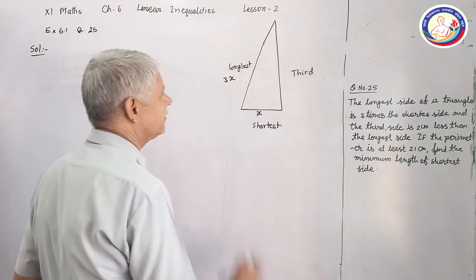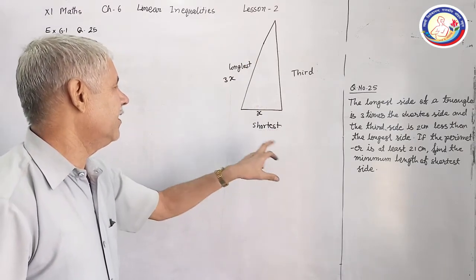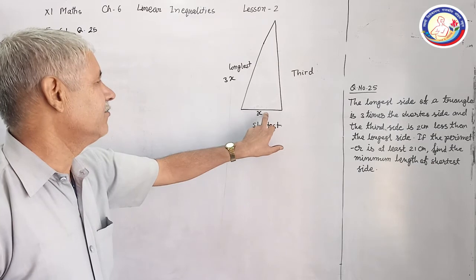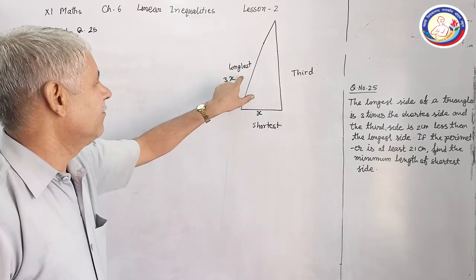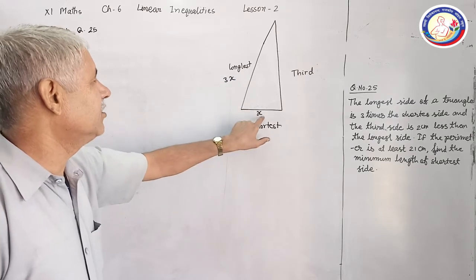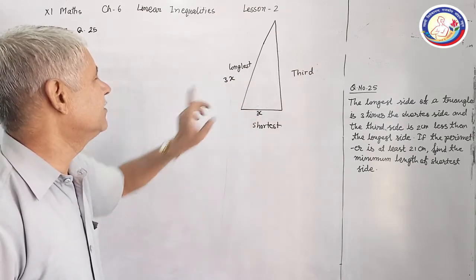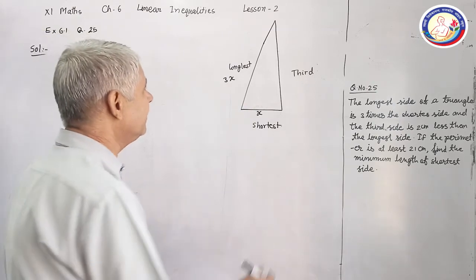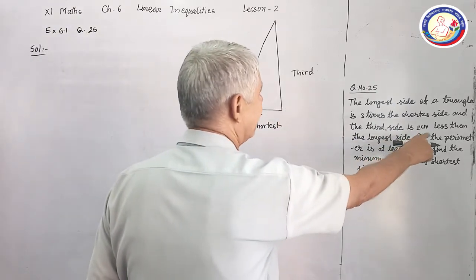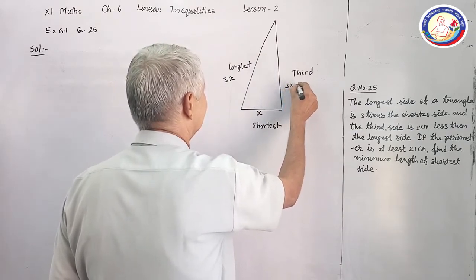This is the longest side. So I suppose the length of the shortest side to be x, then found the longest side with the help of this, because the longest side is 3 times of this. I multiplied its length by 3, that is 3x. And the third side is 2 centimeters less than this longest side, so I will subtract 2 from this.